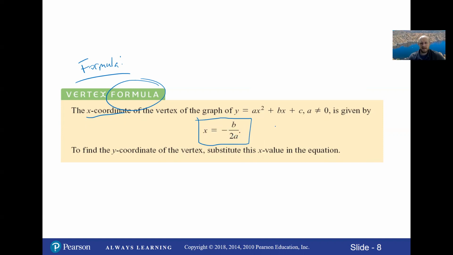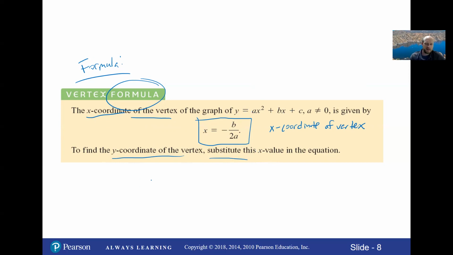It means that this is the x coordinate of the vertex. I just wrote it again to emphasize it's the x coordinate of the vertex. That's the formula to find it, if you know what the equation of the quadratic is. And then to find the y coordinate of the vertex, you just substitute that x value back in.